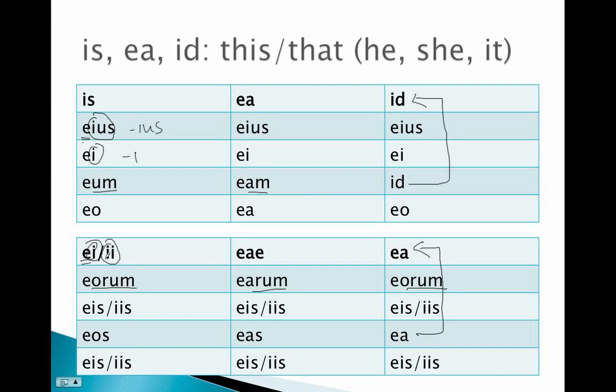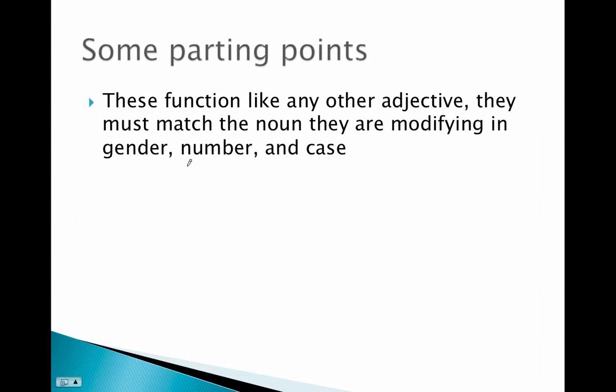So remember that if the ending begins in i, it can assimilate the stem to i. That's what happens here: this i picks up the i here, so iis instead of eis. And remember that is, ea, id, other than the genitive singular and the dative singular, these really are very close to being first and second declension adjectives.